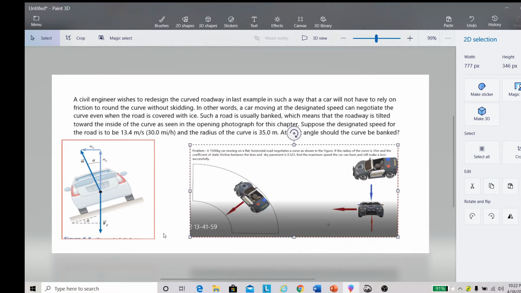Kasi kapag hindi naka-super elevate yan, meron tayong tinatawag na centrifugal force, ang tendency niyan, tatapon palabas yung sasakyan. Pagkatapos nilalagyan pa natin yan dito ng mga guardrails, ano? So, yun yung mga added safety sa highway engineering at saka sa mga route surveying.